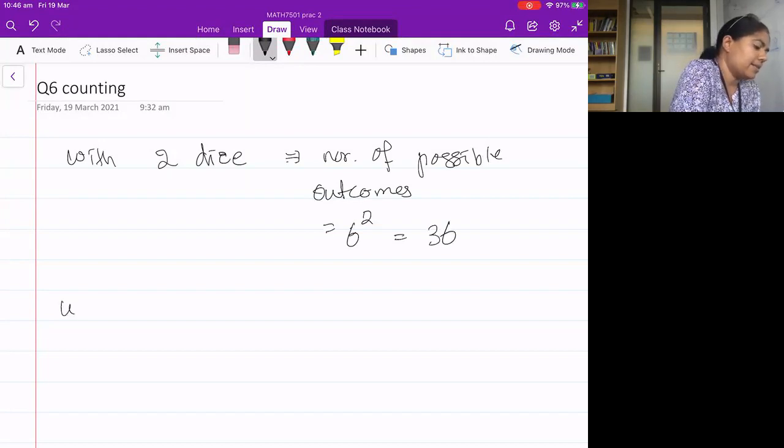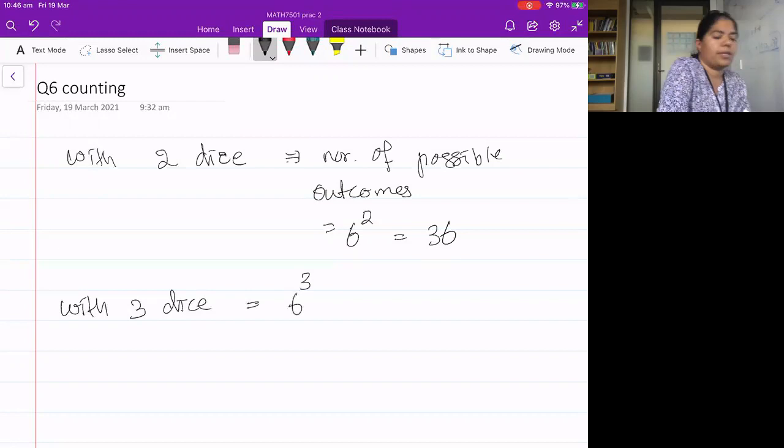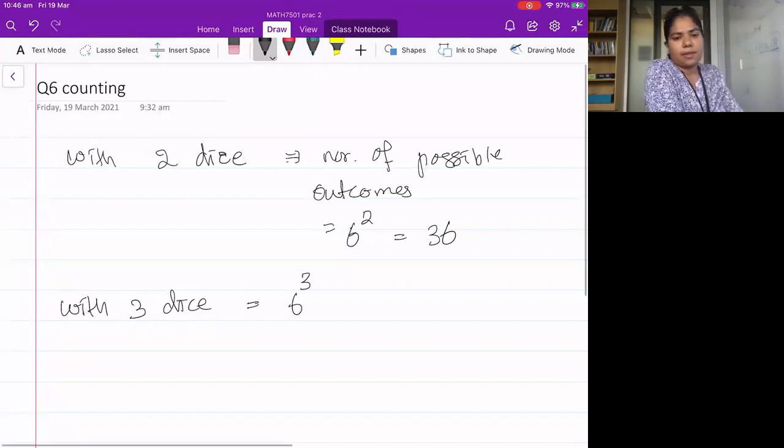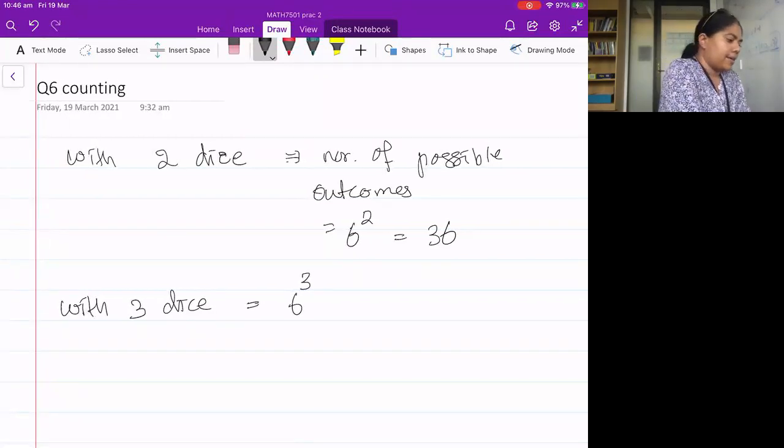Similarly with 3 dice, the number is equal to 6 to the power 3. Okay, you can find this out.